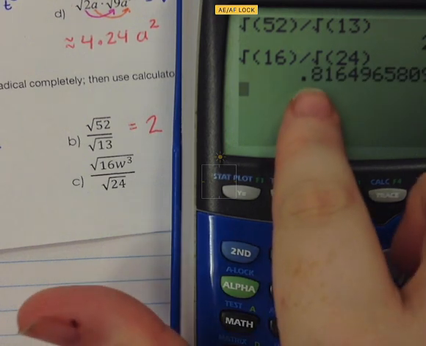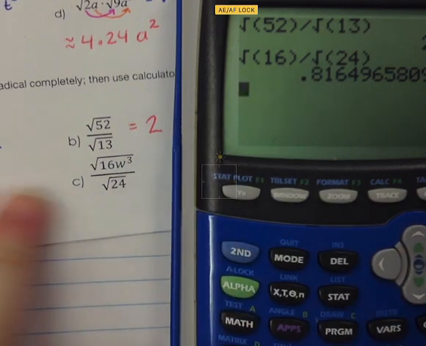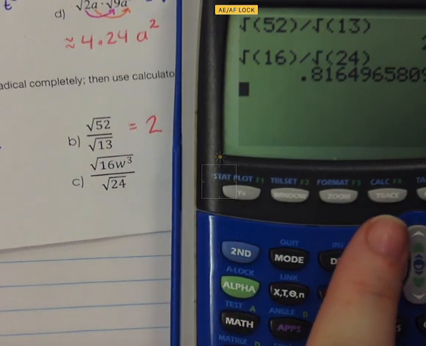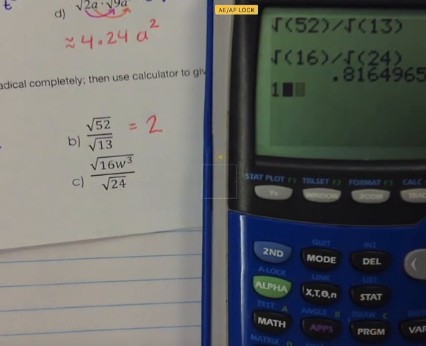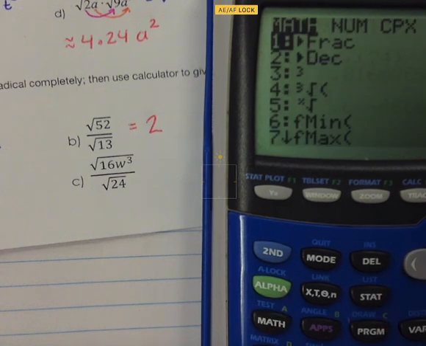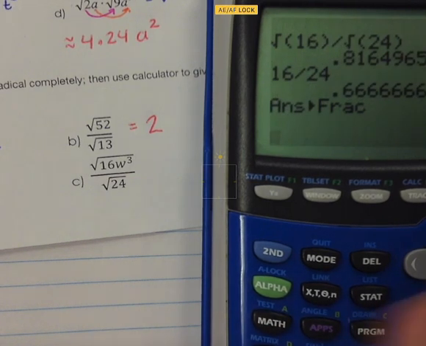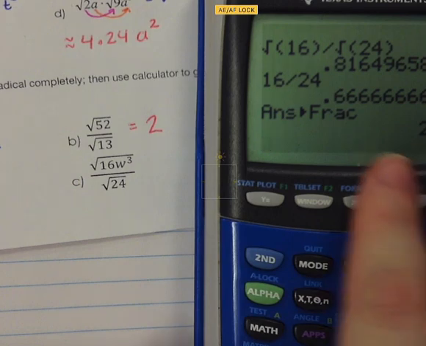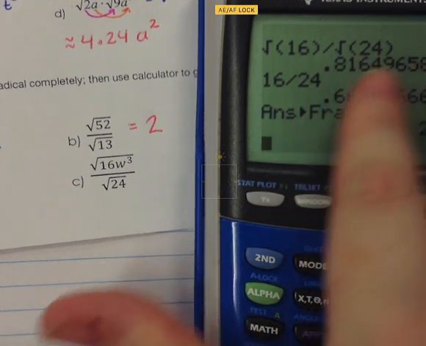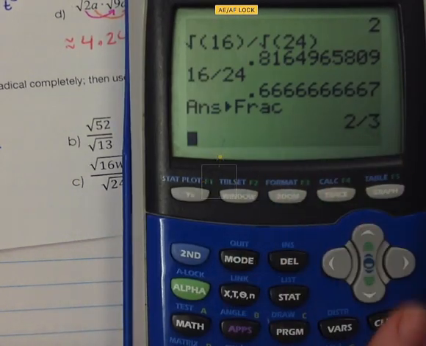And that is 82 hundredths. That's on the outside. That's your coefficient. Okay, so we could have done this 16 divided by 24, math, enter. I'm going to show you how we can write this. This will be our final answer in the end, but I'm going to show you what we can do here.